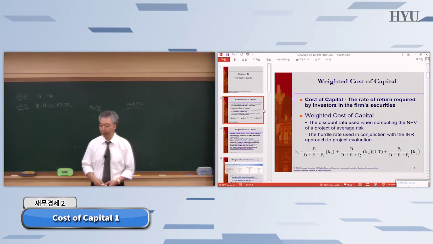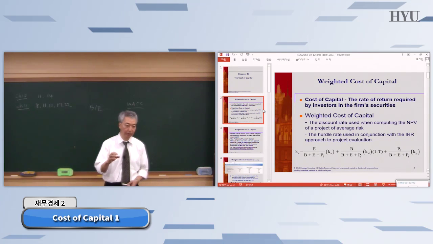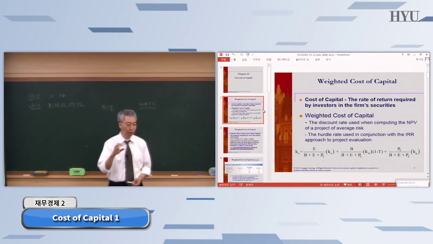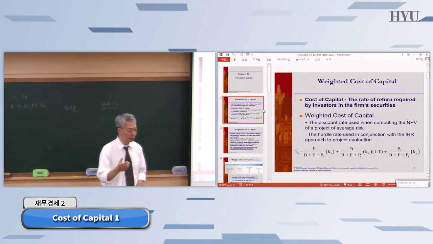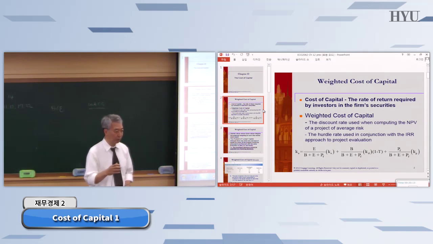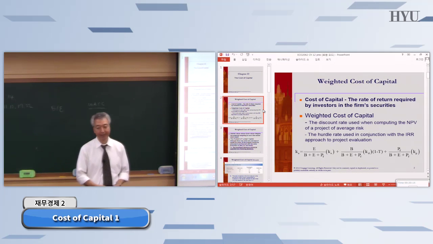The net present value approach uses a discount rate to discount the future cash flow and compares that to the initial investment. If the discounted future cash flow is greater than the initial investment, you're going to accept it.